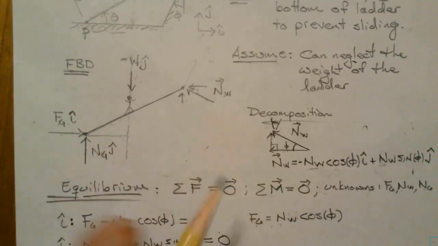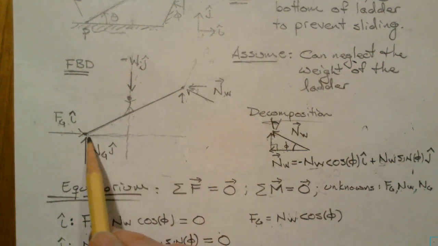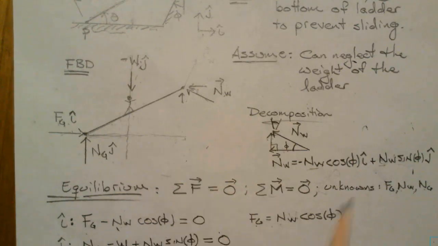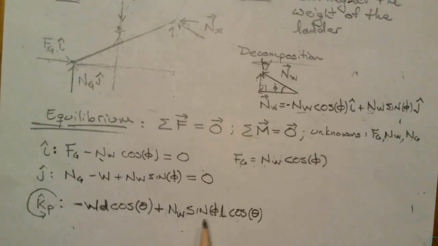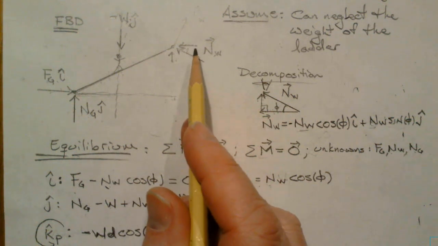The perpendicular distance is this distance right there. So that's L, the length of the ladder, times cosine theta. Not phi, theta. Theta is this angle down here, right? Theta. So there's your moment due to the vertical component of the normal force.